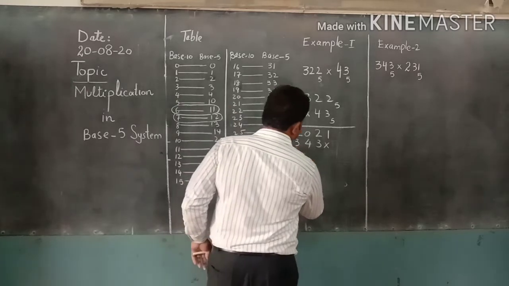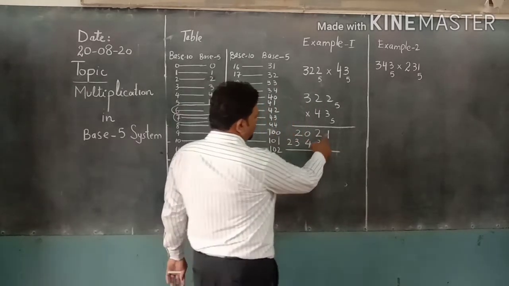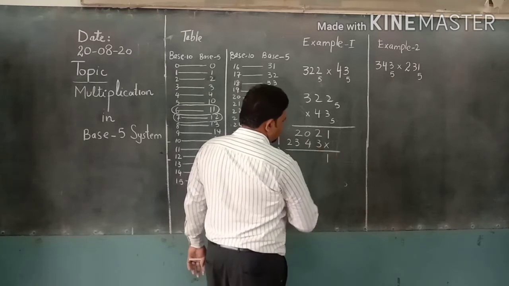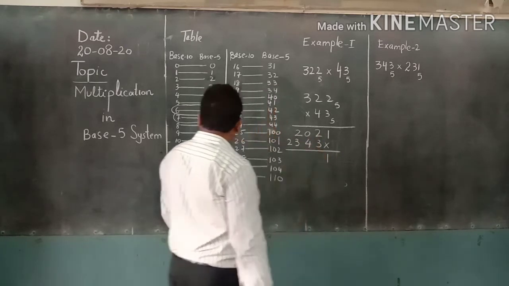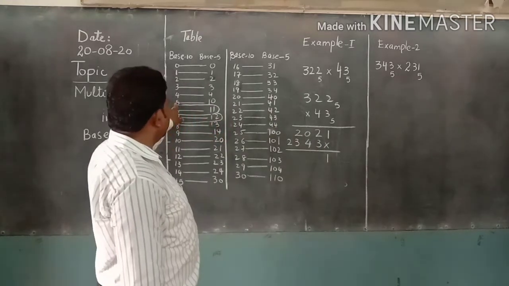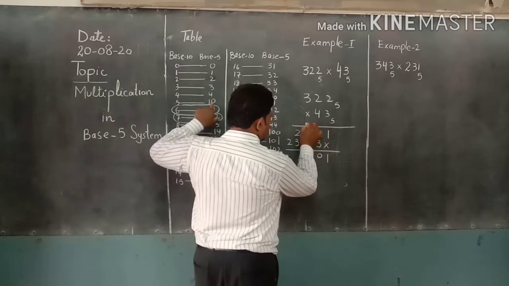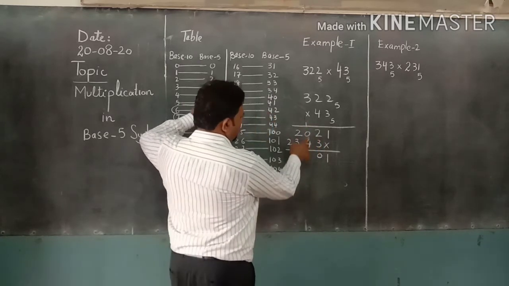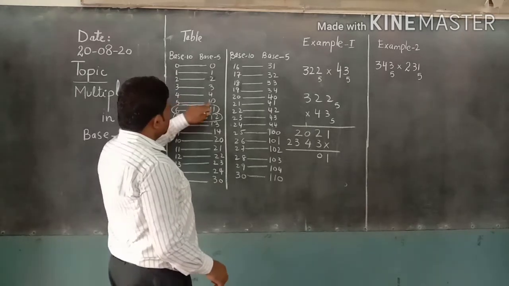Now we will add the numbers. 2 plus 3 is 5. According to the table 5 is equal to 10. We write 0 here and take 1 as a carry. 1 plus 4 is 5, and 5 is equal to 10.